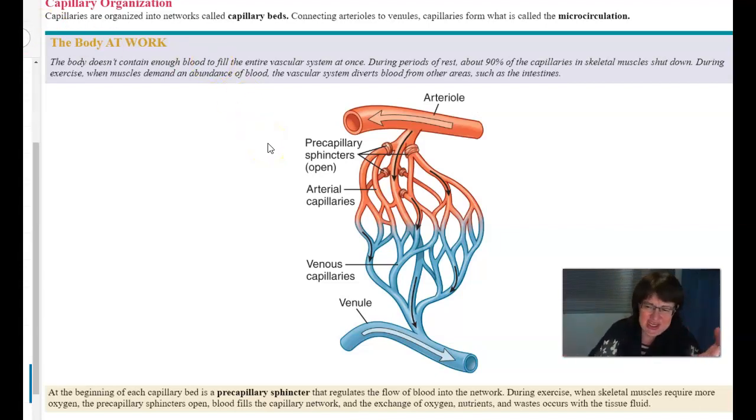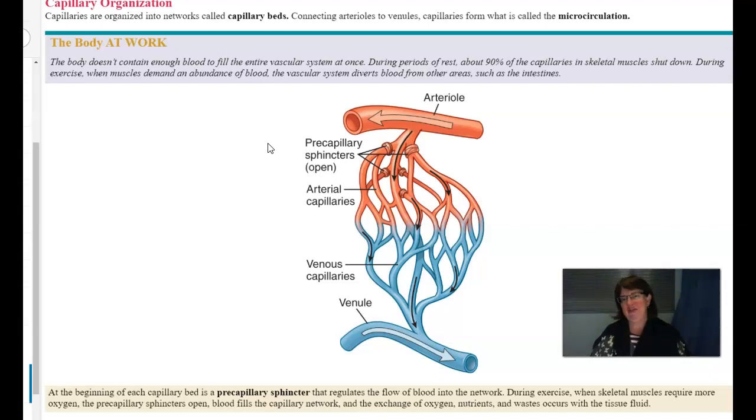A sphincter is just another name for a circular muscle. The sphincter will relax, and that will open the capillary bed, allowing more blood to flow into the smaller capillaries. Then if you need it to close down, the precapillary sphincter will constrict, and when it constricts, less blood goes to the capillaries.